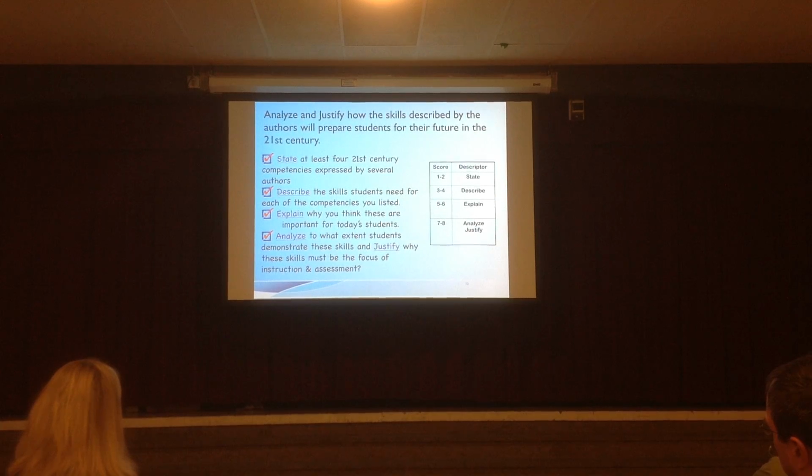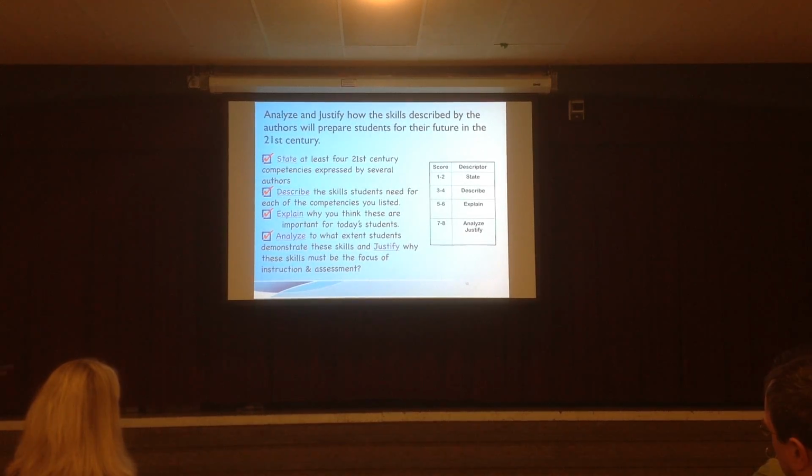If you could state the skills, you get a 1-2. If you could describe them, you get into the second category. If you could explain, you get to the 5-6, and if you could analyze, you get the highest score.